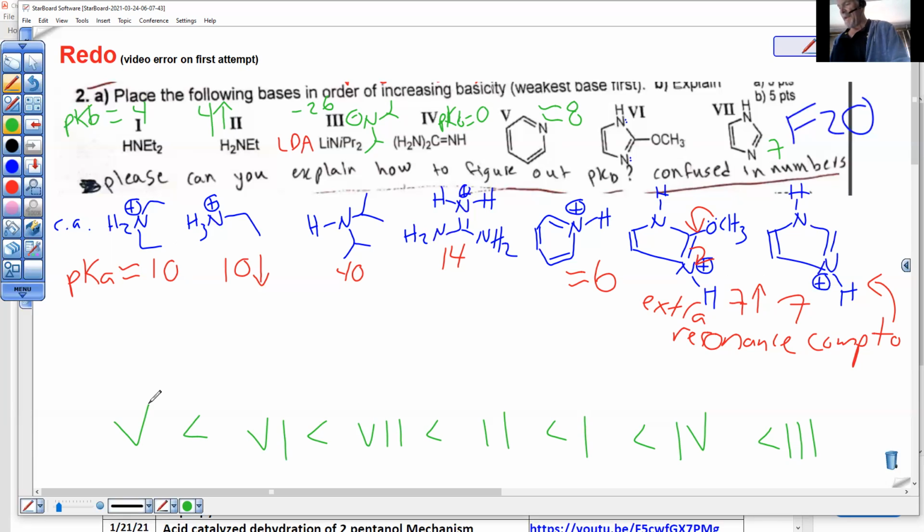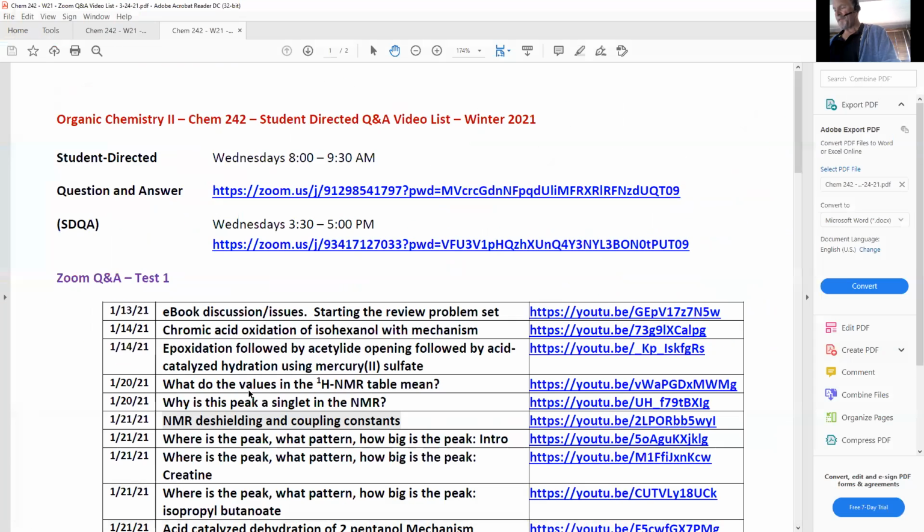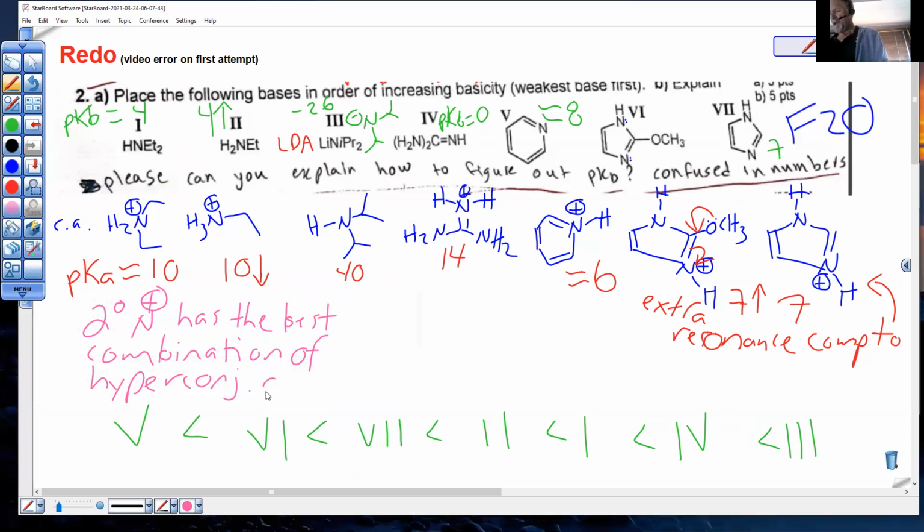And in terms of explaining, we've got these two here. The secondary N plus has the best combination of hyperconjugation and H bonding, hydrogen bonding.